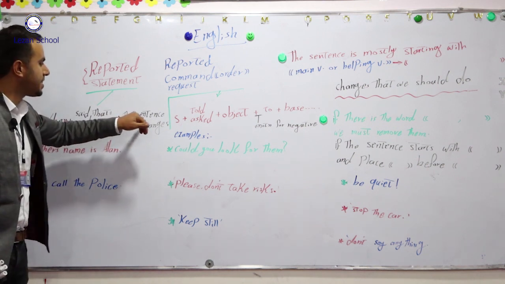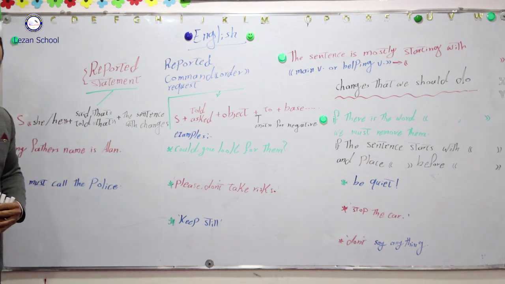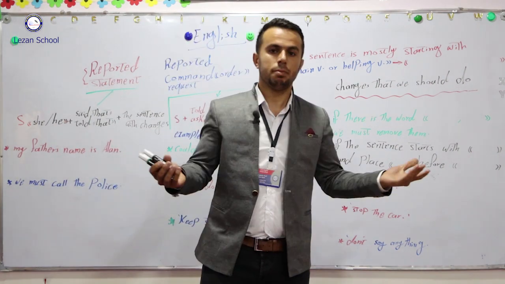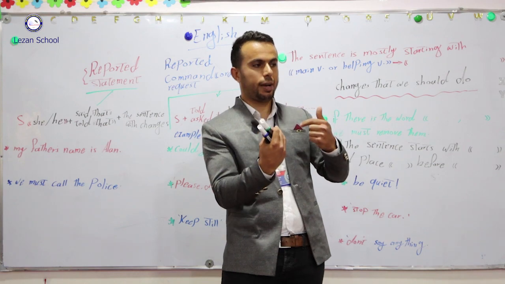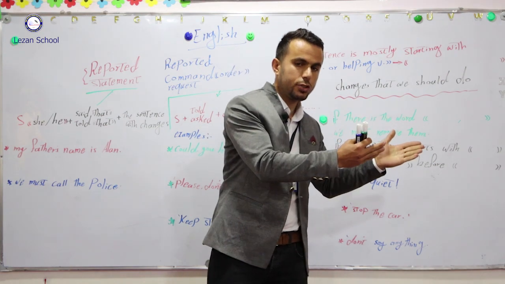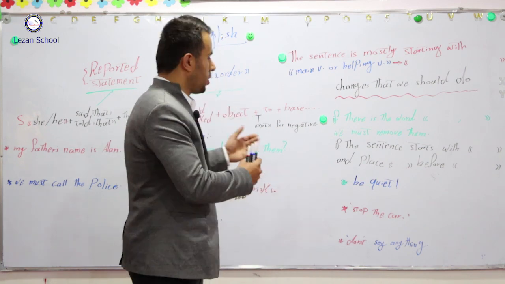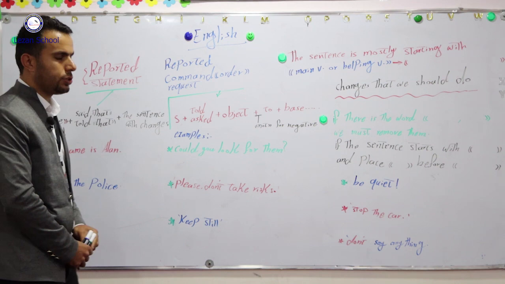And then the sentence with changes. I told you if the sentence is present, we have to change it into past. We have to change I into what? He or she. And then we have to change we into what?